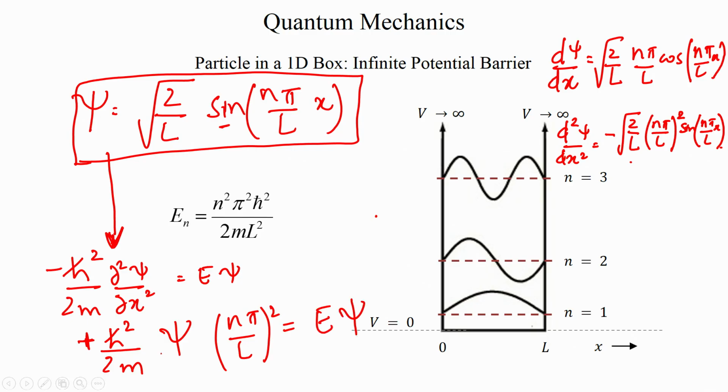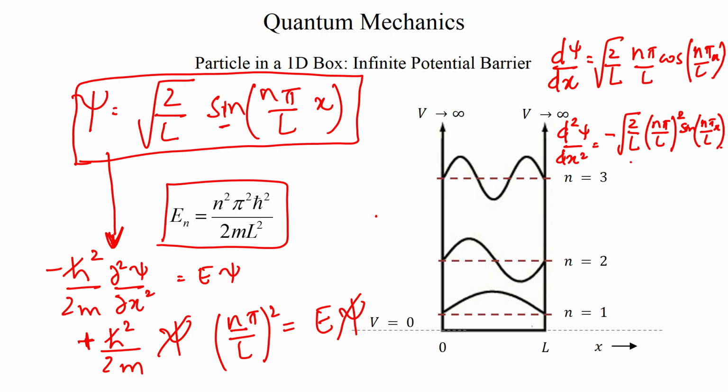Which means that my total energy is given by this expression here, n square pi square by L square, h bar square by 2m, when n takes only integer values. So this is the energy for some particular n.